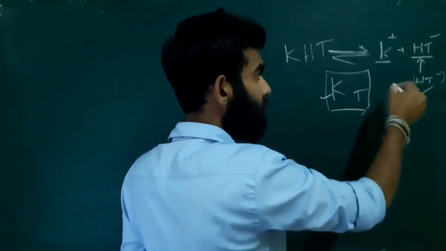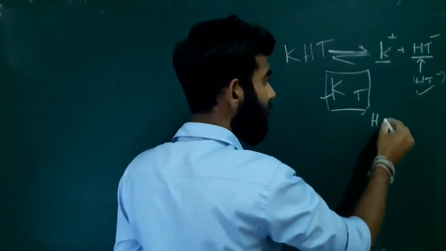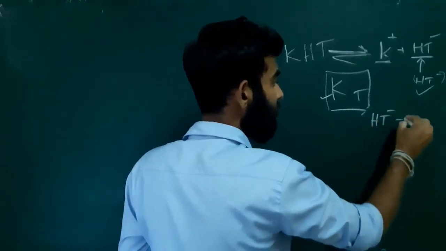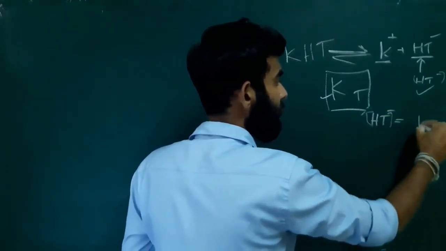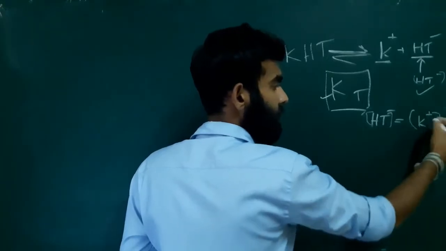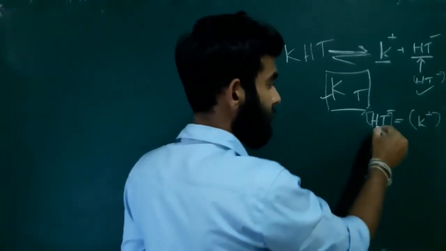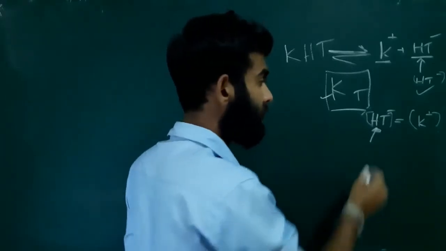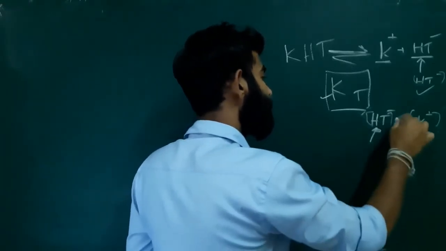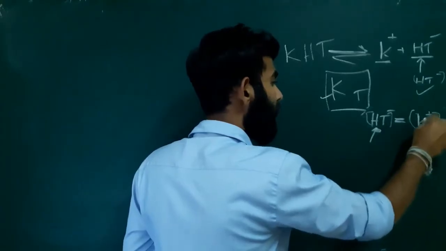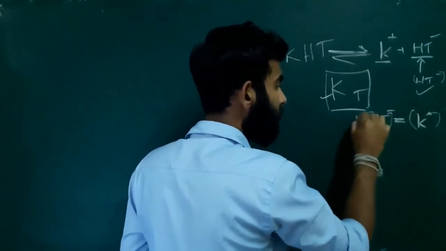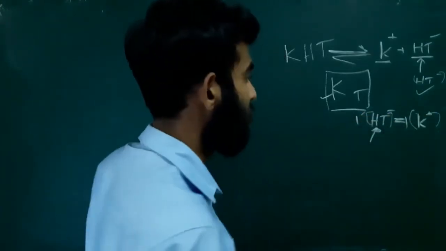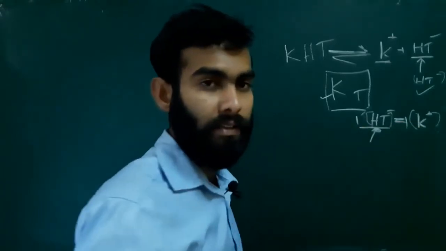In equilibrium, HT minus concentration will be equal to K plus. If we know the hydrogen tartrate anion concentration, we can know the potassium ion concentration because stoichiometry is 1:1. So we are going to calculate this HT minus concentration.